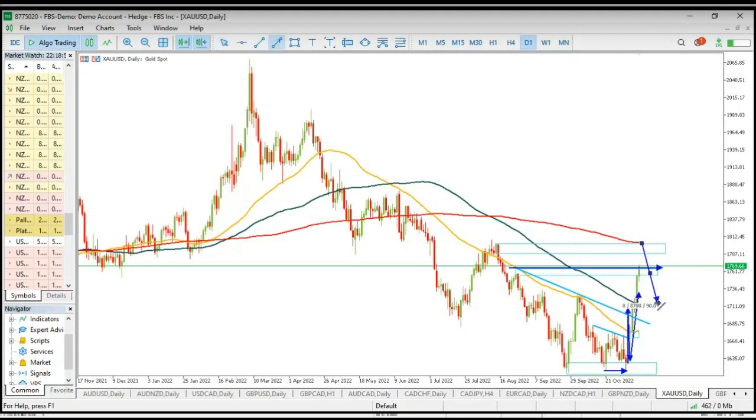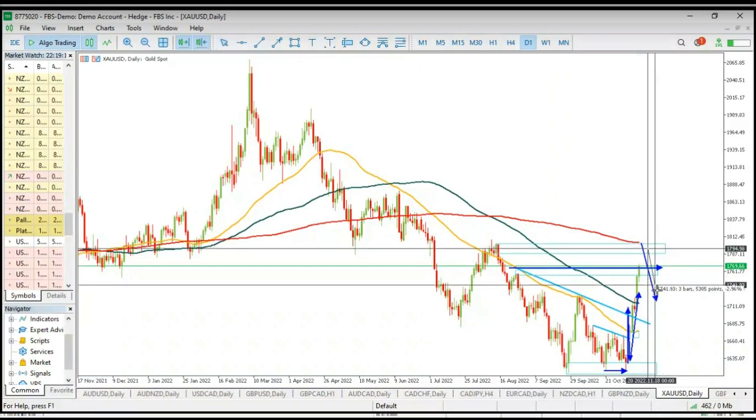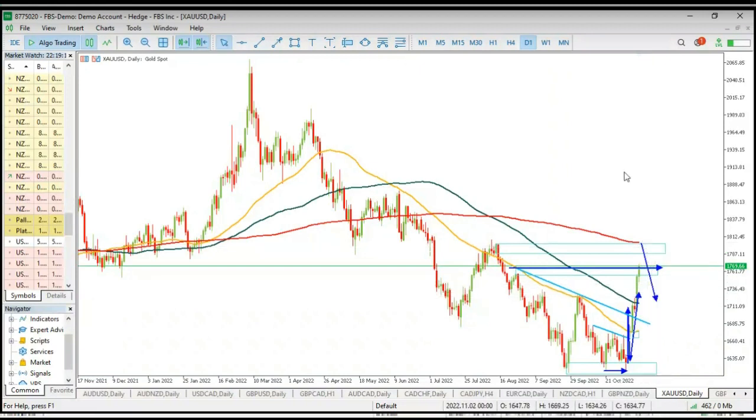At least this should be the first area of call, and then this could be the final destination. But let's just stick with the first zone over here, which would be close to about 500, 600 pips at least. So that is for gold.